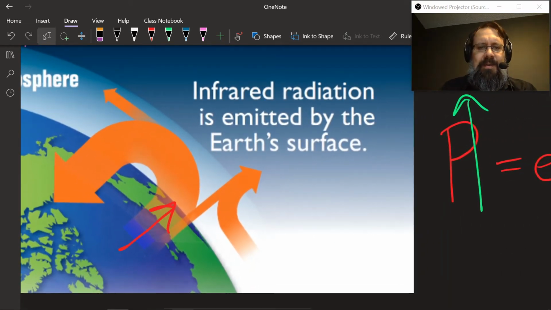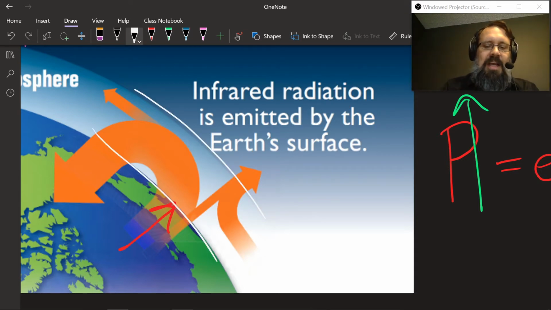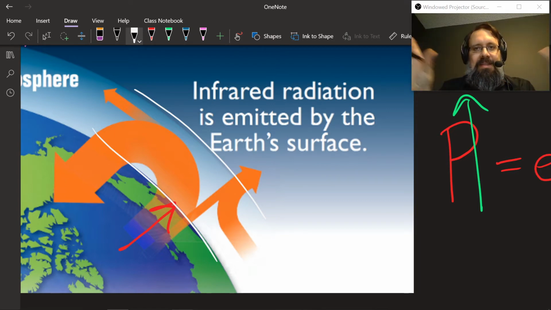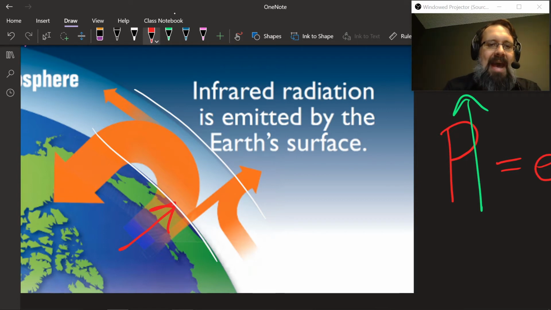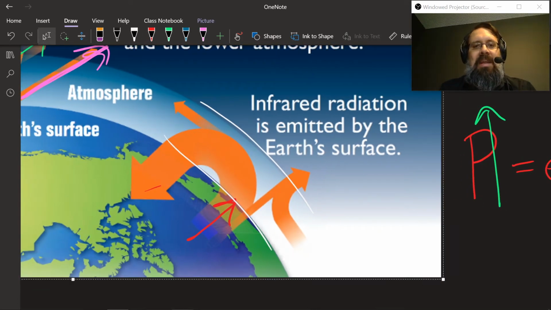This is the part that we're really interested in. So what happens is that not all this energy just freely exits the Earth, because of the atmosphere, some of that energy is going to get absorbed by the atmosphere. Now, this is energy from photons. This is light. This is light that the Earth is releasing out like a black body would. And so some of that energy actually ends up coming back to the Earth because it's being absorbed and then re-emitted by the atmosphere.